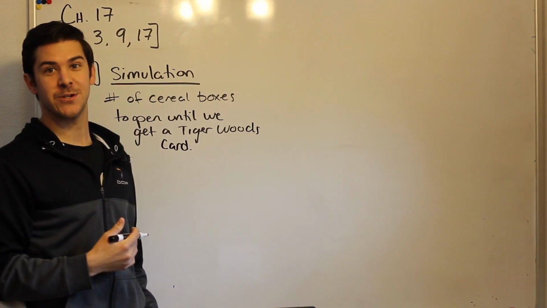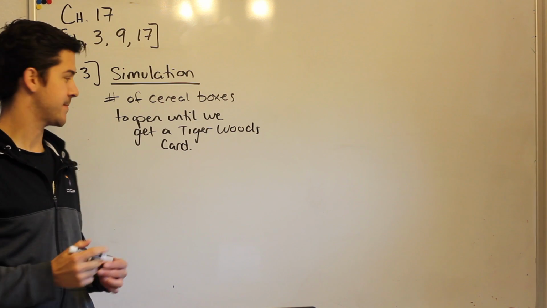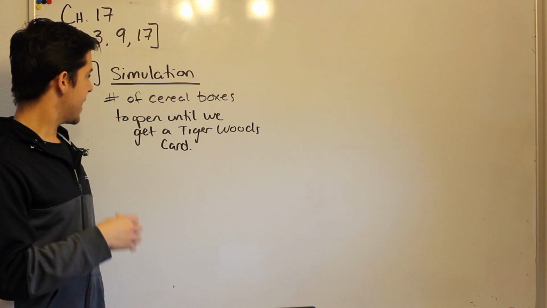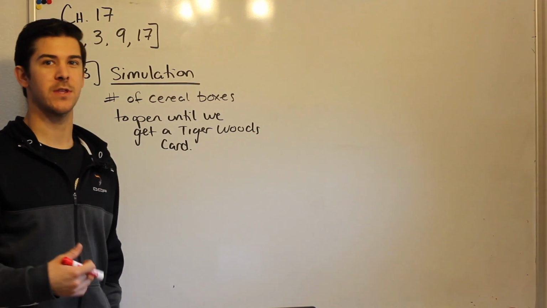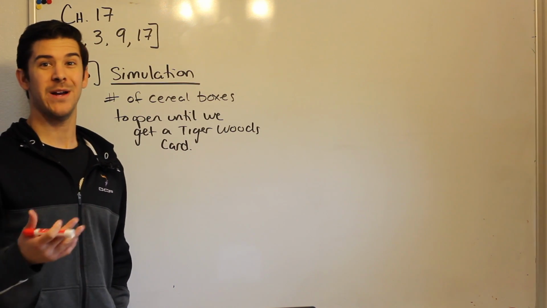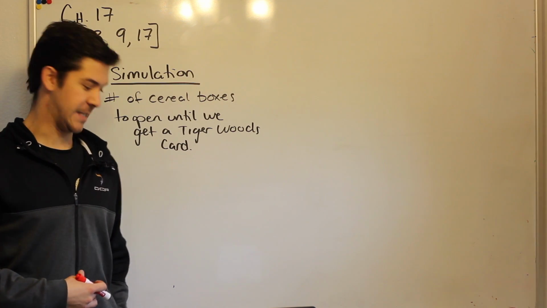If you remember us doing this earlier, but instead of a Tiger Woods card, we actually used teachers' names. In this case, if we are looking for a Tiger Woods card, what kind of model do you think we'd be actually running? A binomial or a geometric? Well, that's something that we're going to talk about in just a second.